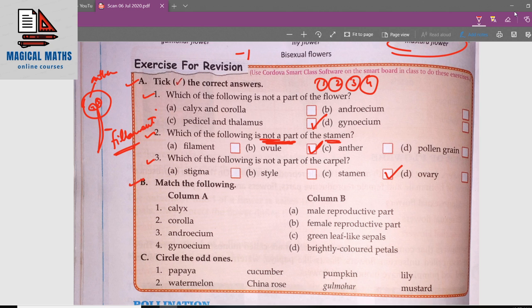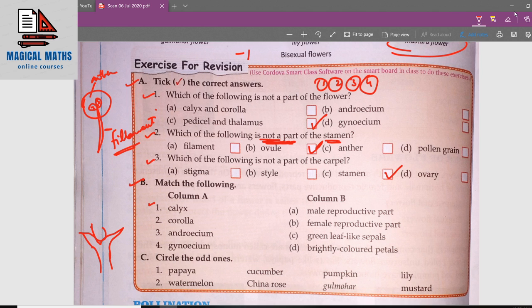So now let us do match the following. Column A, column B. Column A first is calyx. Is calyx a male reproductive part? No, calyx is not the male reproductive part, because I have told you calyx is the green leafy structure which protects the flower in the bud stage, and it is the outermost wall of a flower.